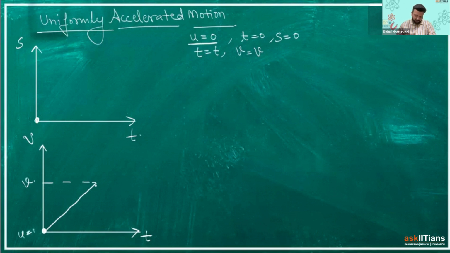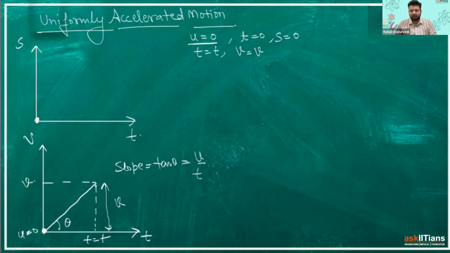We are considering initial velocity is 0. So this angle theta, here the slope will be tan theta, and tan theta is equal to perpendicular, which is v, divided by base, which is time. So this will be v upon t. And we know that change in velocity per unit time is acceleration. So the slope of the VT graph gives you acceleration.